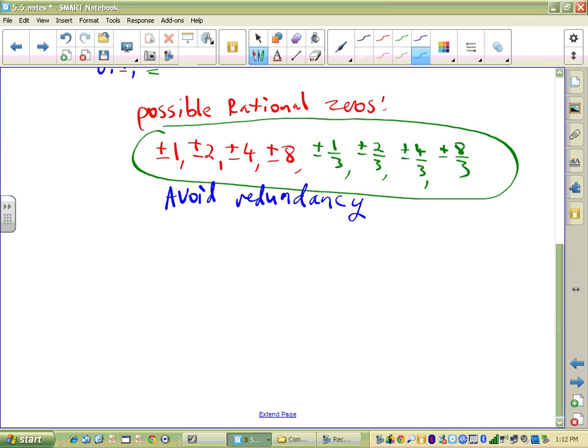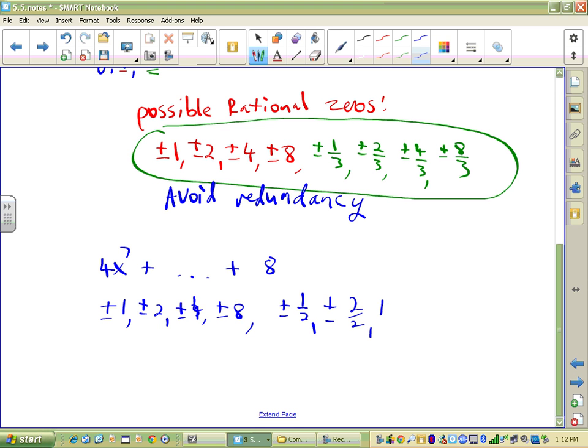What I mean by that is if we had something like 4x to the 7th plus stuff plus 8, what we would have is plus or minus 1, plus or minus 2, plus or minus 4, plus or minus 8, and then we'd have plus or minus 1/2, plus or minus 2/2, plus or minus 4/2, and plus or minus 8/2. And then we'd have plus or minus 1/4, and then plus or minus 2/4, and plus or minus 4/4.